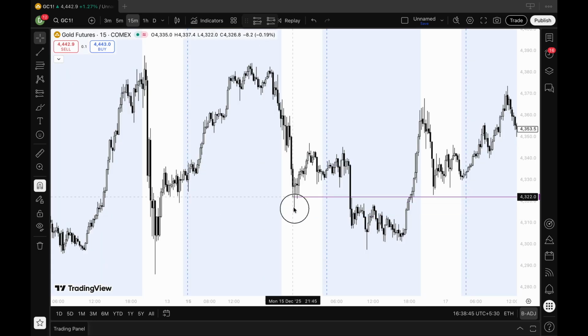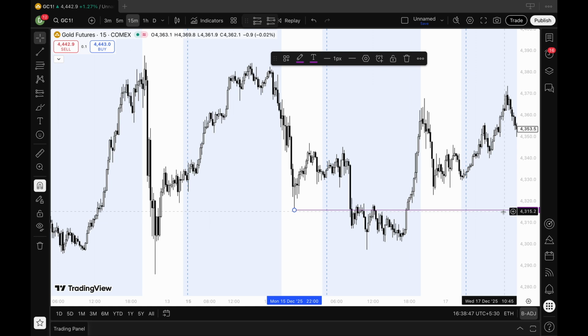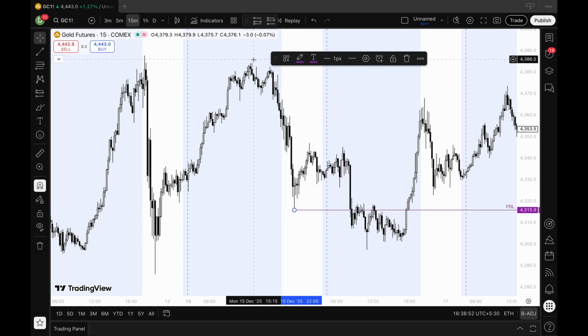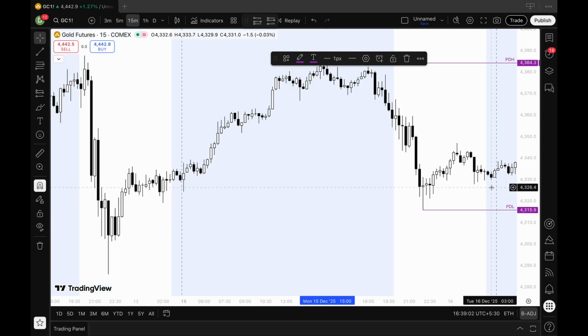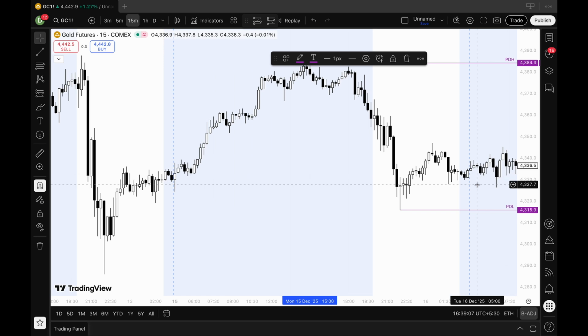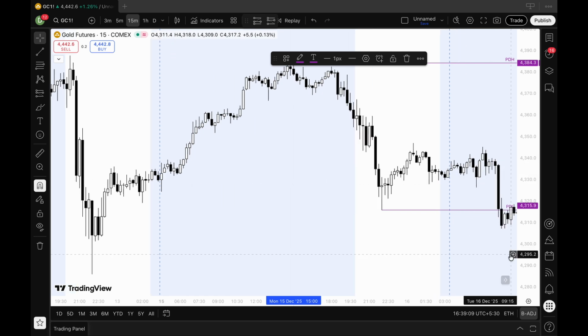On 15th of December, this was the day low. Let's mark that as the previous day low, and this was the previous day high. When this day opened on Tuesday, price started to consolidate a bit and then it dropped.